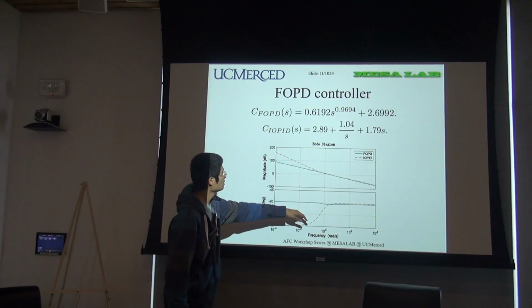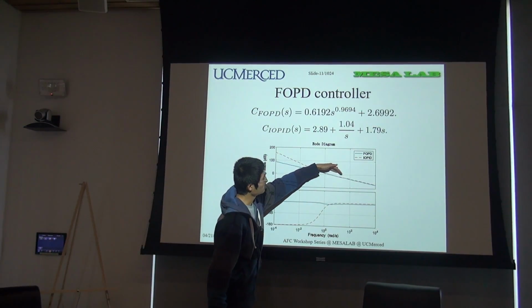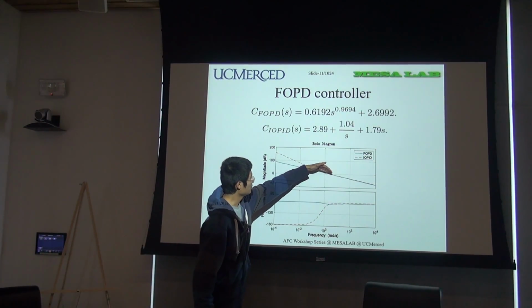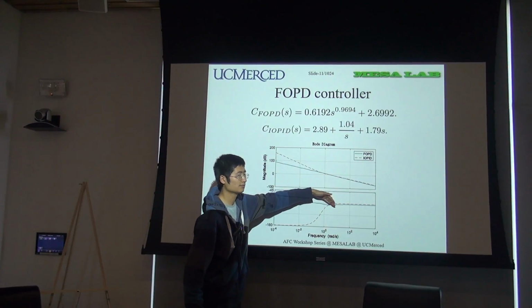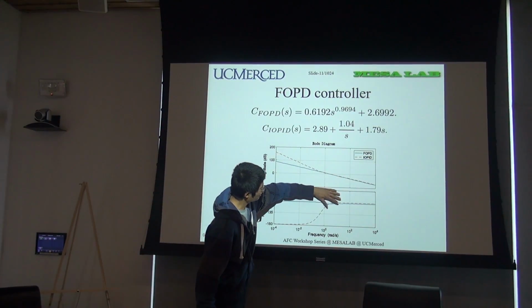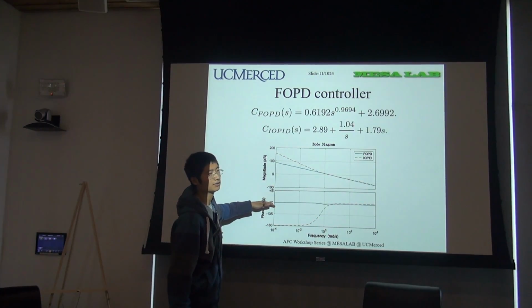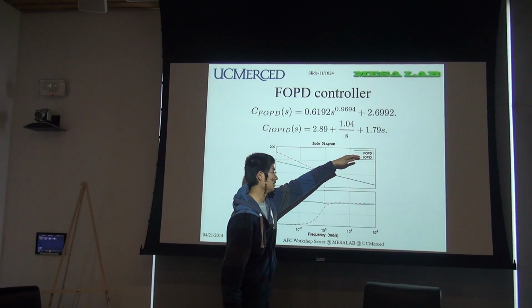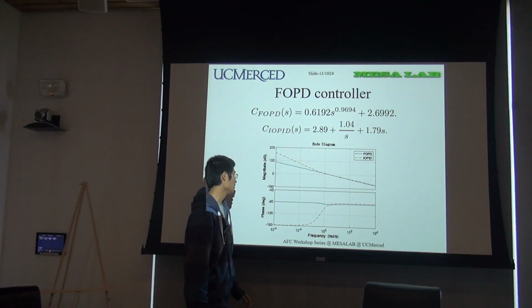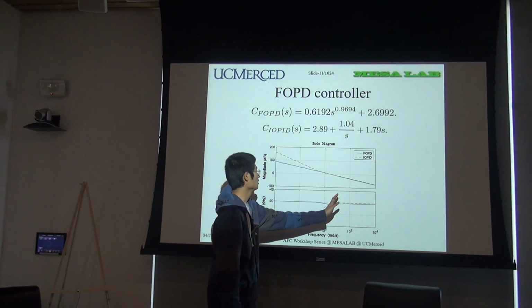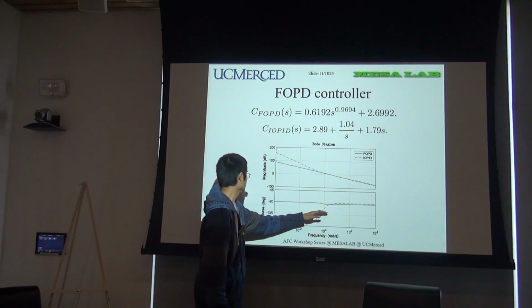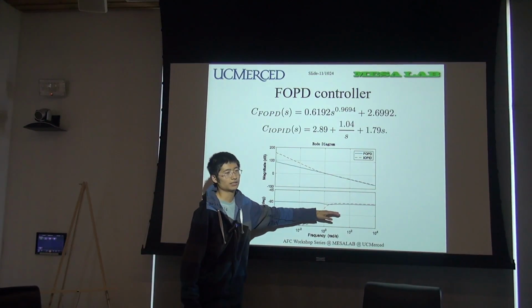That means if the plant model changes, the crossover frequency will change. If it is changing, the phase margin cannot change much for the fractional order PID. However, for the integral order PID, if the plant changes, the phase margin will get worse.